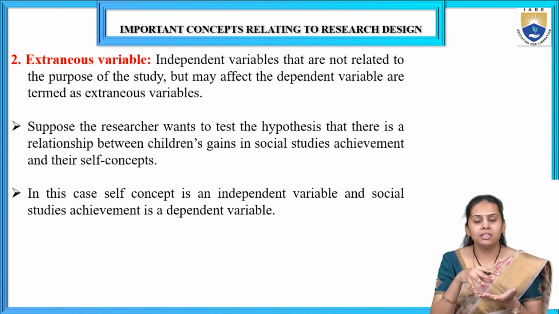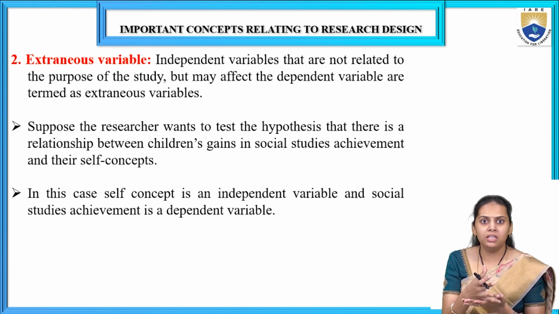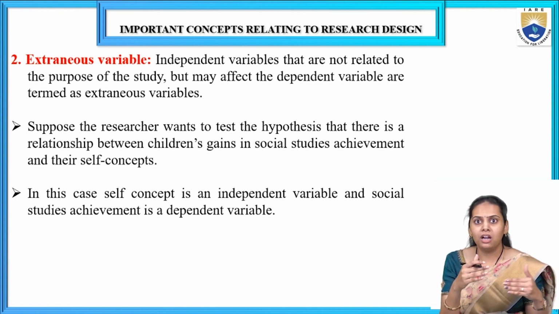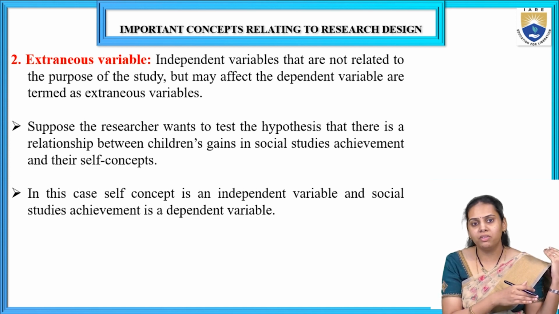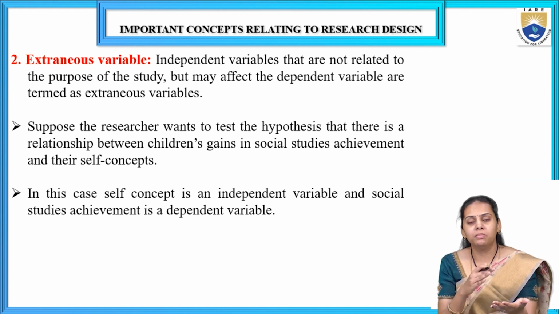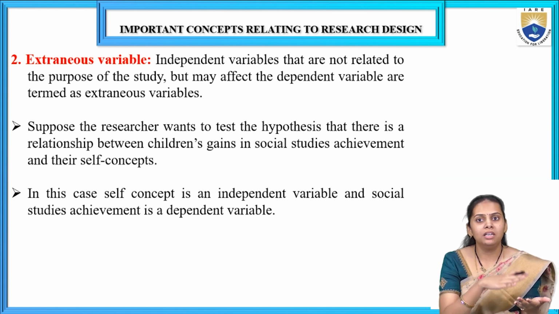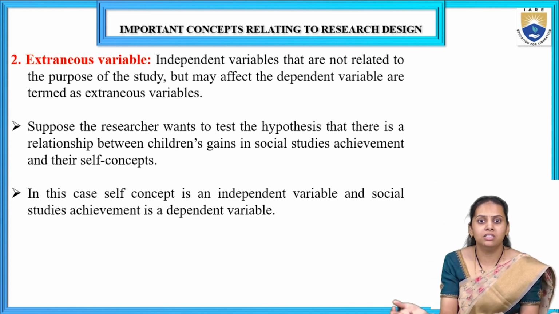So the change of the independent variable may affect the dependent variable. If I change the student, the self concept is automatically an independent variable, there is no effect for the previous student, but when the other student's self concept is changed, automatically the dependent variable of social achievement of the other student will change.